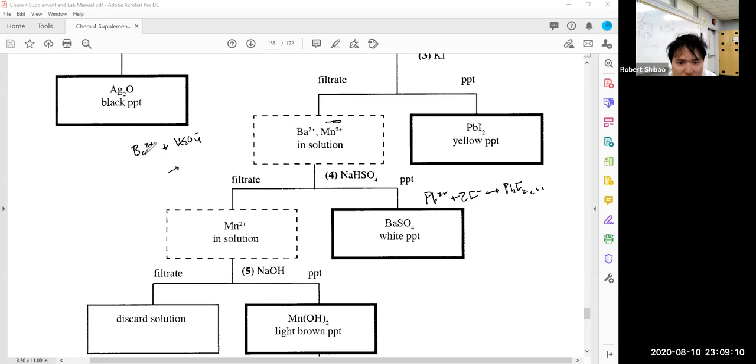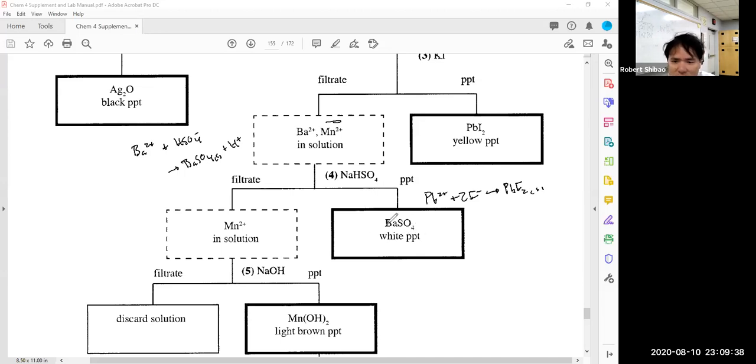So barium comes along and wants sulfate. So it knocks the hydrogen off to form BaSO4 solid. And that hydrogen comes off as a proton here, H plus. And so this is just a precipitation reaction. It's metathesis as well. It's just barium ions like sulfate ions. And that gives us a white precipitate here.